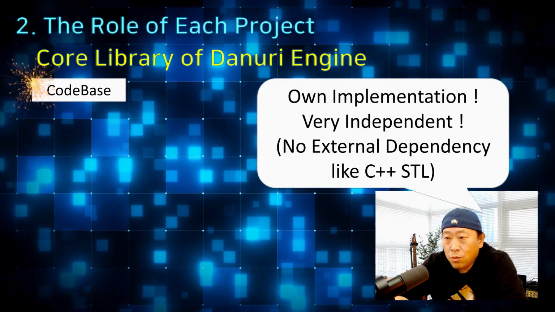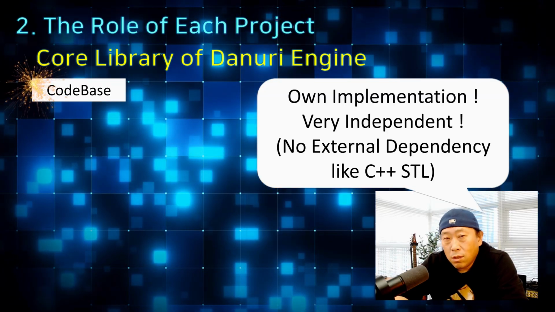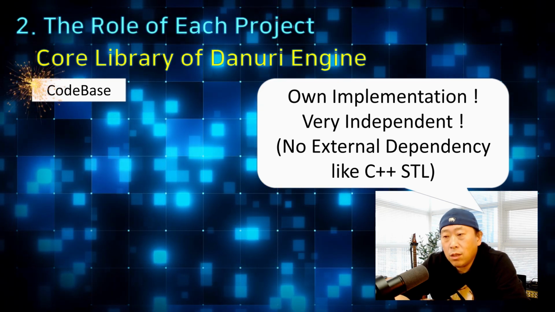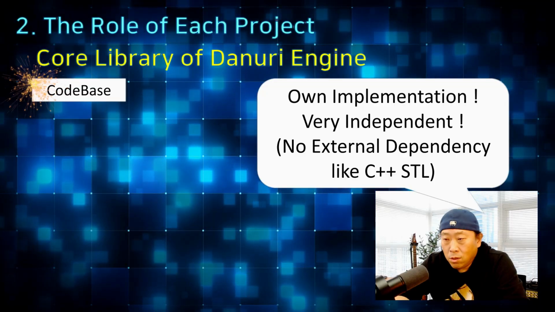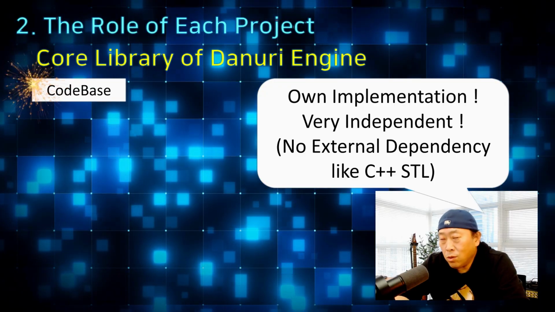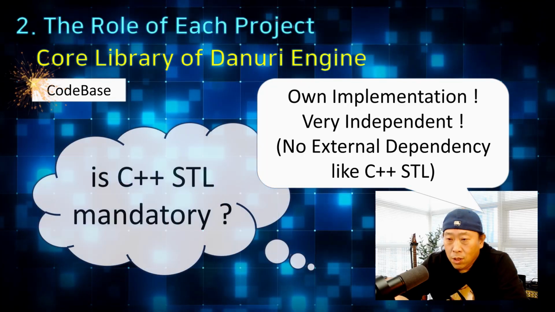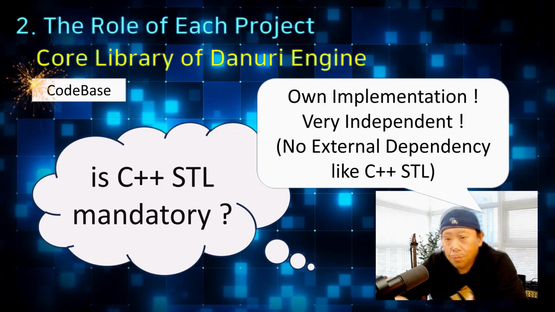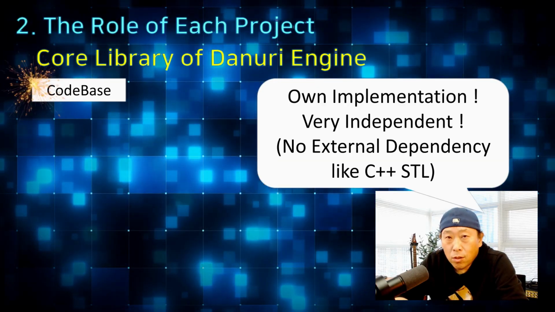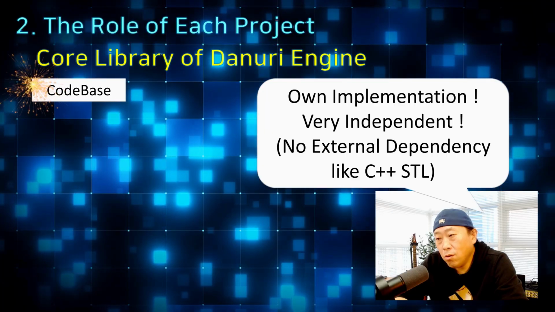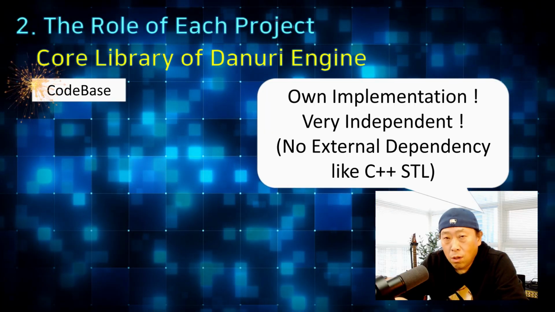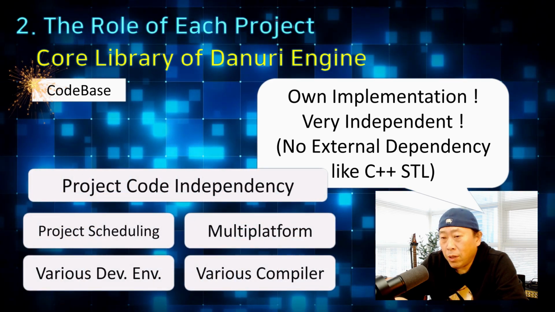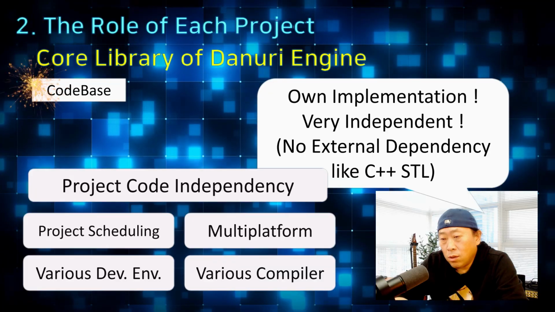I have my own software design philosophy or direction in making projects. I want to maintain my project to have low dependency on external libraries or external programs, even if it is a standard library, for example, C++ STL. Because an external project has its own version control or updating history, so while my project is going on, my project was always dependent on the external project or external library.